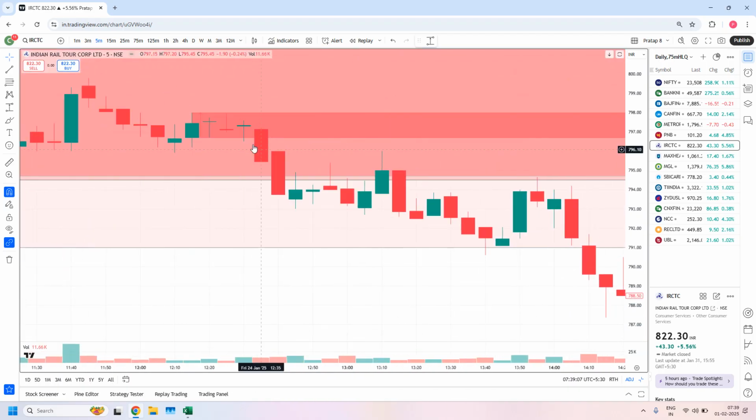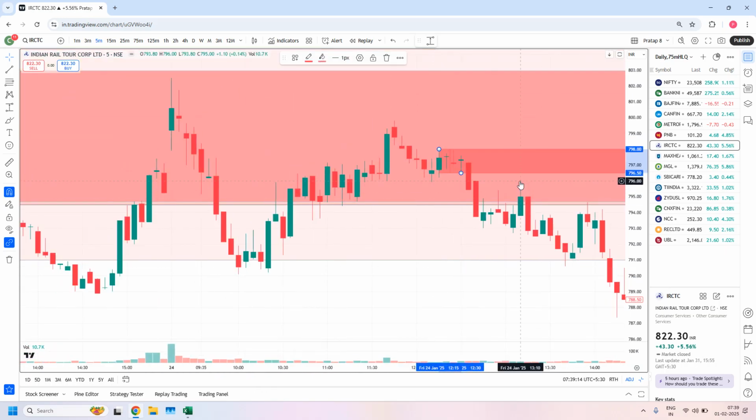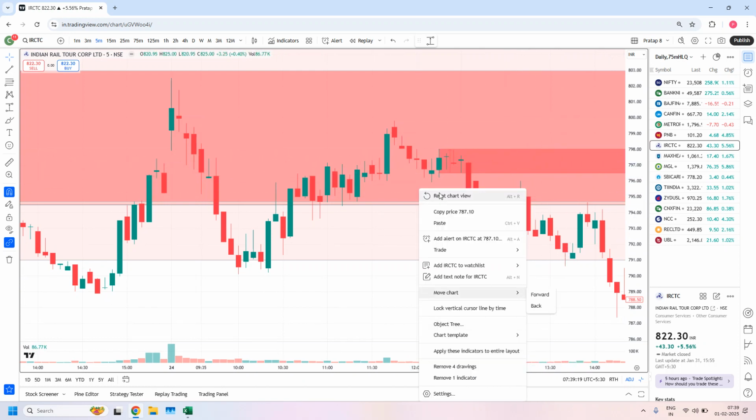Oh, sorry. Here we have the type 1. This is the type 1 proximal. See, earlier it came very close to the zone and came down. That's why this is a very good zone.